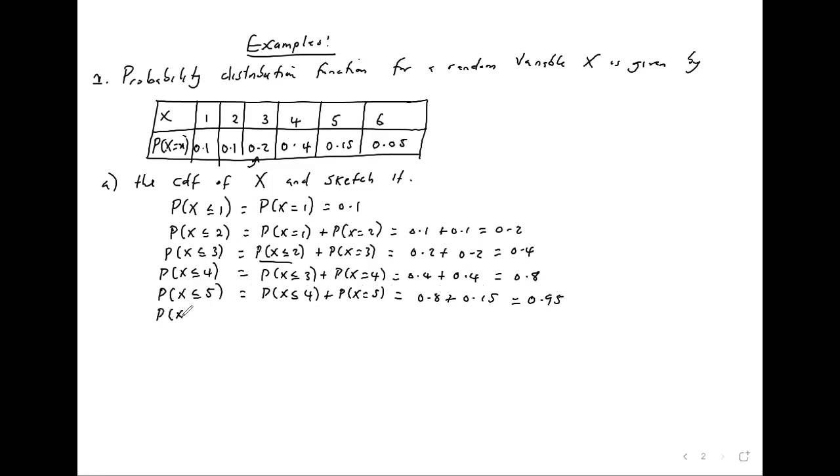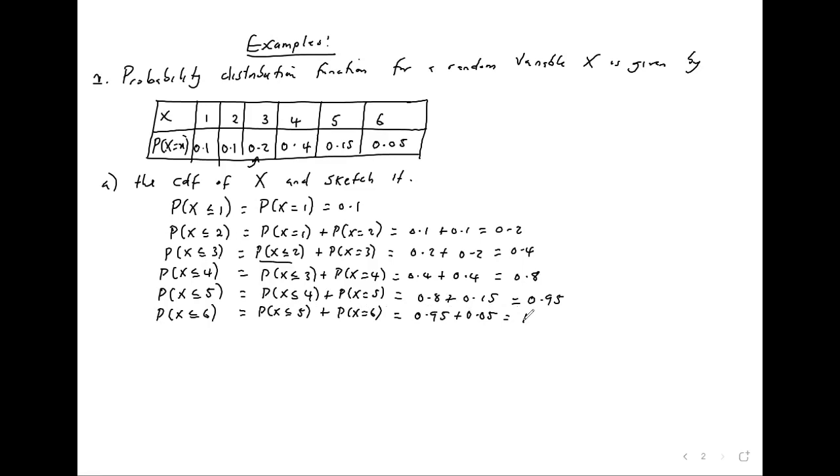The probability X is less or equal to 6 is 0.95 plus 0.05. That is 1. So always, if it's a true probability, then you must get 1. And that's how we obtain it.